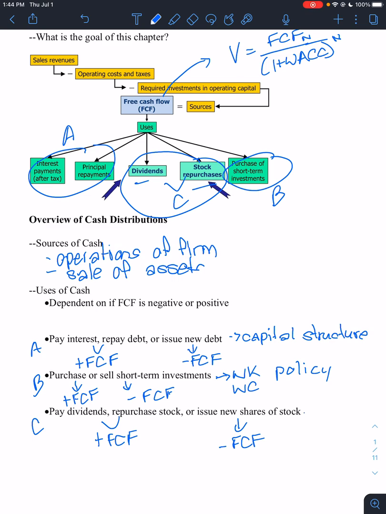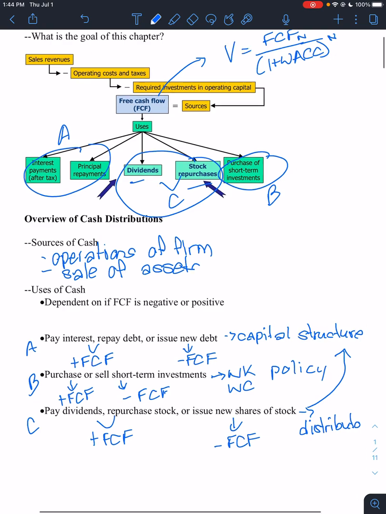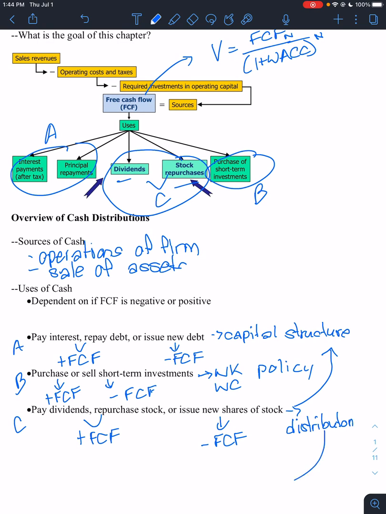This last one is determined by a firm's distribution policy, largely. Also by its capital structure, right? If I decide to issue stock. But this concept of paying dividends or repurchasing stock, that is directly determined by a firm's distribution policy.